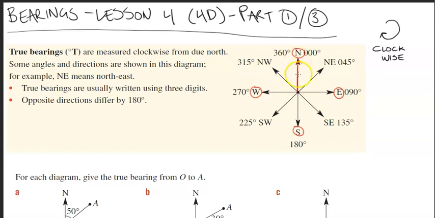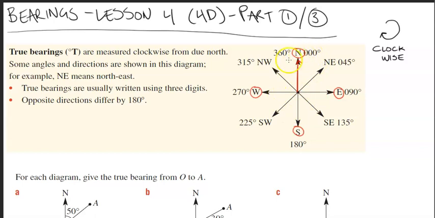So from north to northeast, that measurement here is 45, and then we keep going again and we hit east, which is 90, and this just keeps going around by little increments of 45 degrees for each eighth, and then 90 degrees for each quarter, and it should make a full 360 degrees.